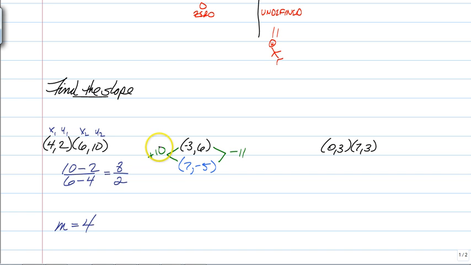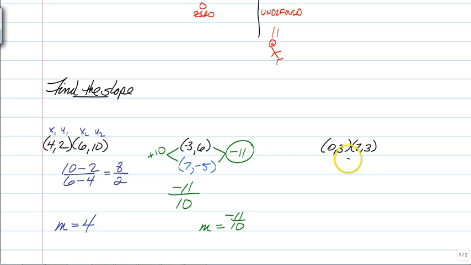You would need to add 10. But rate of change is still y over x. So you just have to take this number and divide it by that number, 10. So your slope in this case is negative 11 over 10. So there's two different ways to do slope. You just pick one that you like and roll with it.